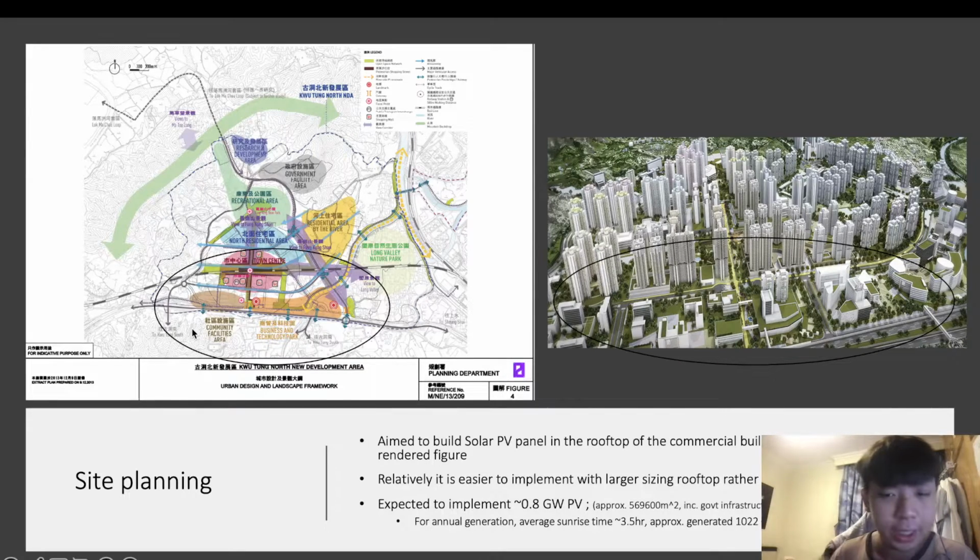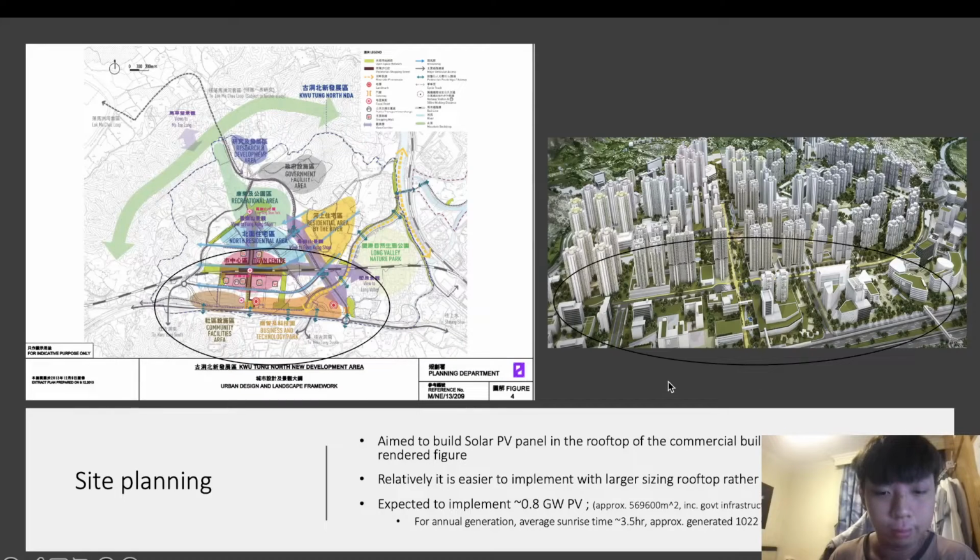It's relatively easier to implement with a larger rooftop rather than a housing rooftop, since you can see the residential buildings, although they're occupying very huge areas here, each of the buildings has a relatively smaller rooftop.